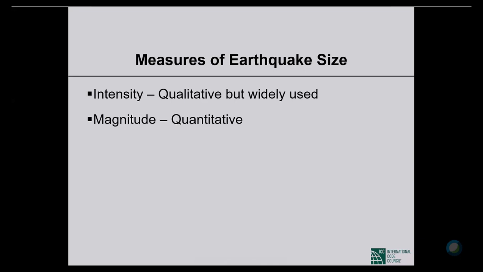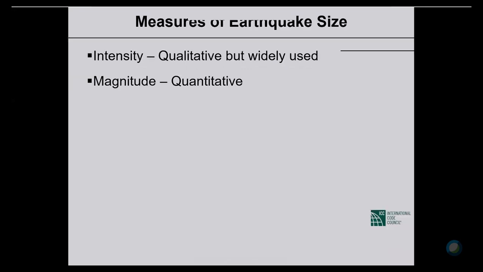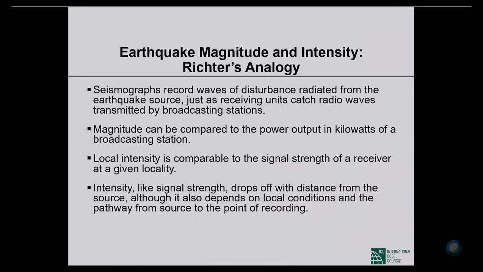Intensity is qualitative, very important as opposed to quantitative, but it is widely used. Magnitude is quantitative. So magnitude versus intensity. This is an analogy that Richter came up with. He was a seismologist that came up with the Richter scale that was very popular around the world.